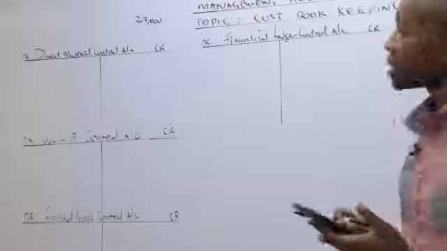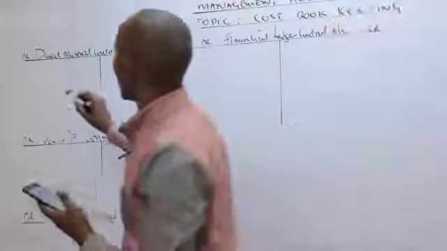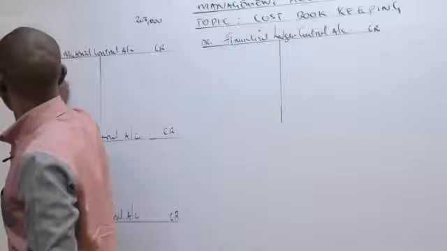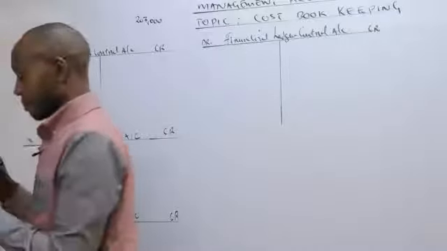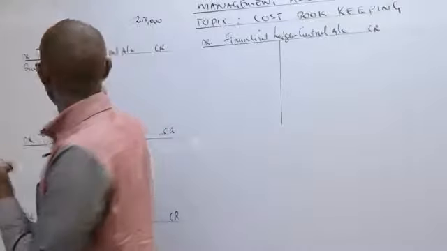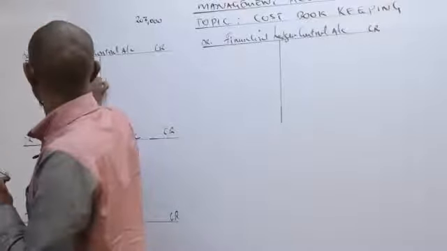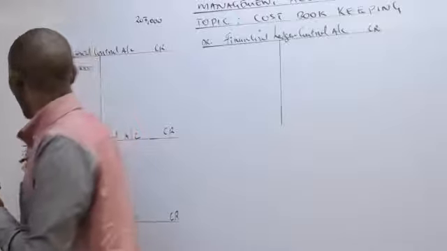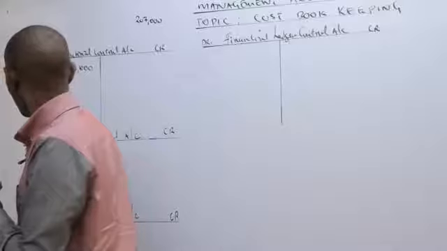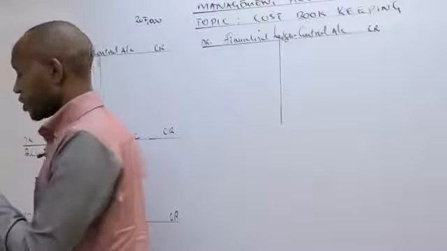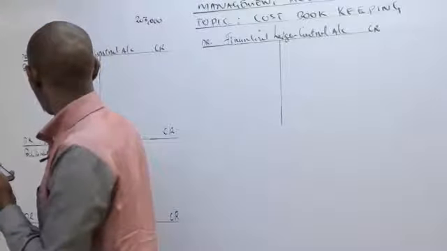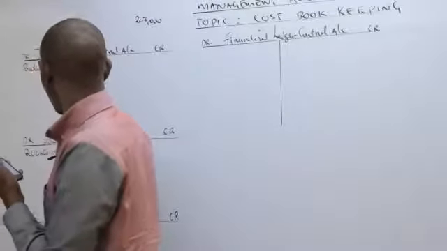So let's bring down the balances. We have the opening balance, so you say balance brought down. The balance brought down in this account is 15,000. Then the work in progress control account has 120,000.